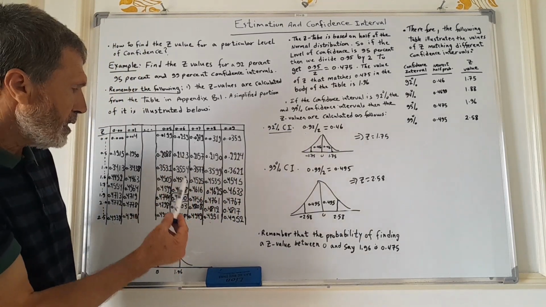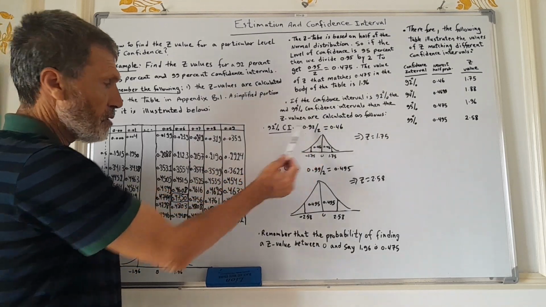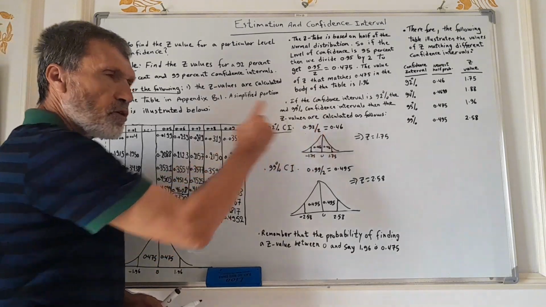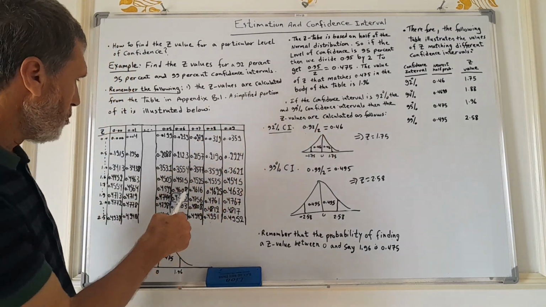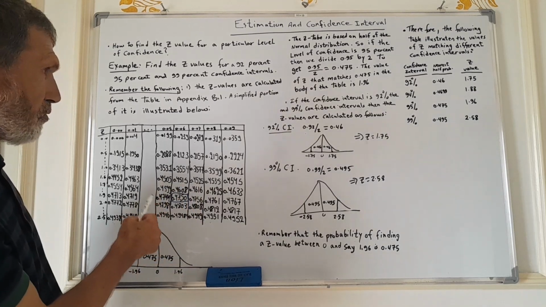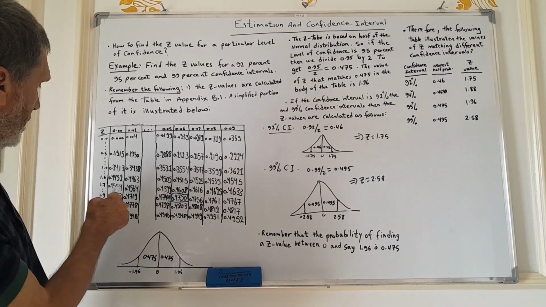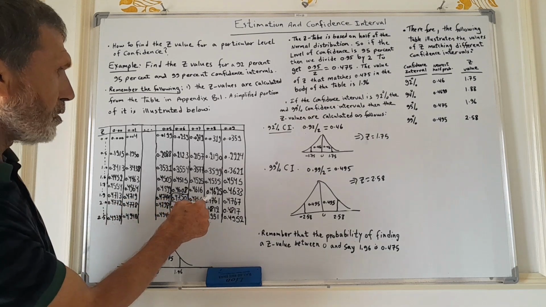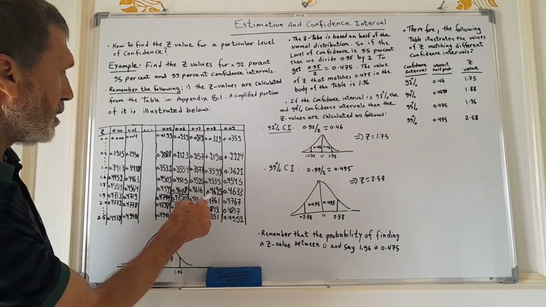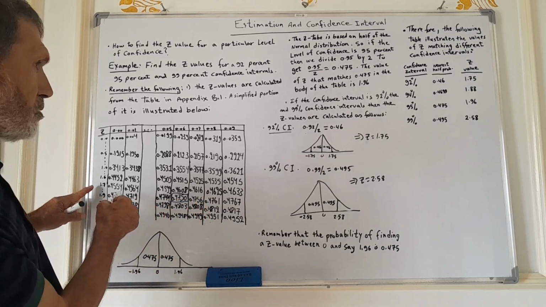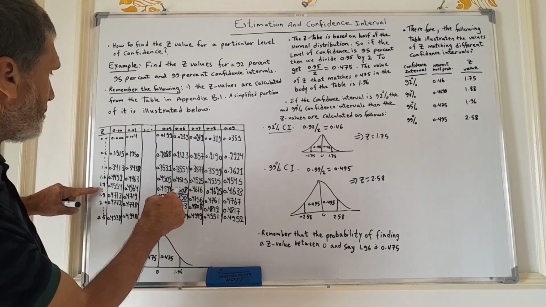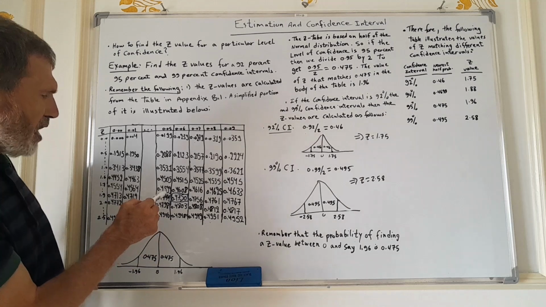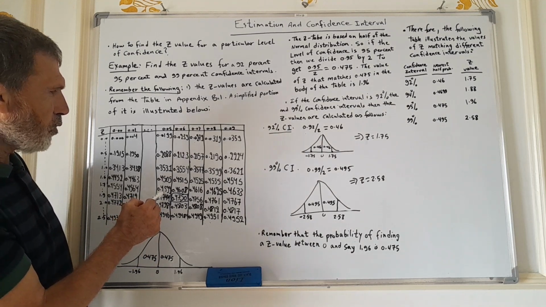Perhaps you can find the same number here, or the closest number to 0.46. Look over here, it's going to be 1.75, 0.4599, which is very close to 0.46.